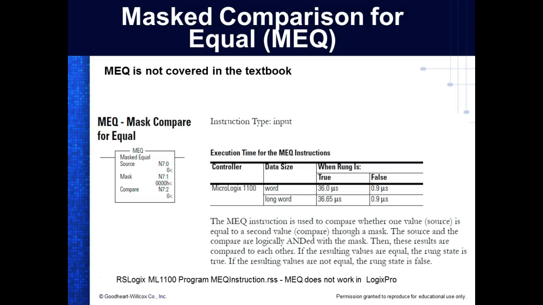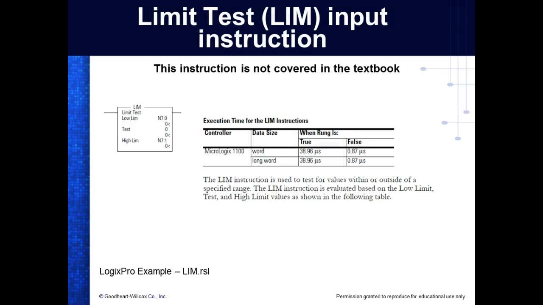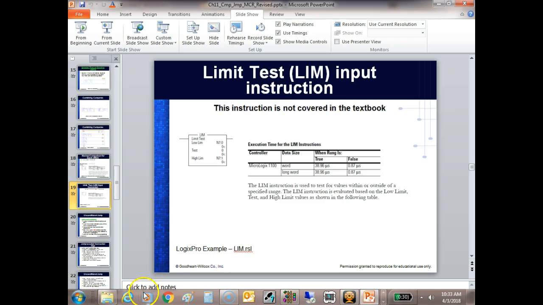I've modified that program to use this instruction instead of the other. Here we set a low limit, we set a high limit, and then we set a test, right? And this is supported by RSLogix.